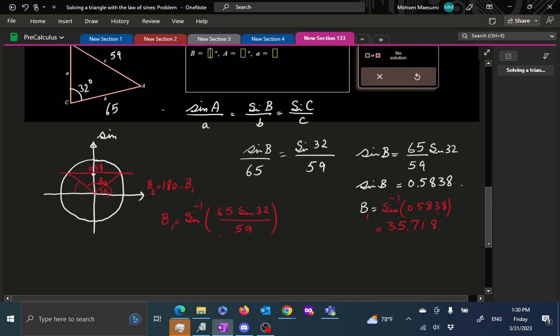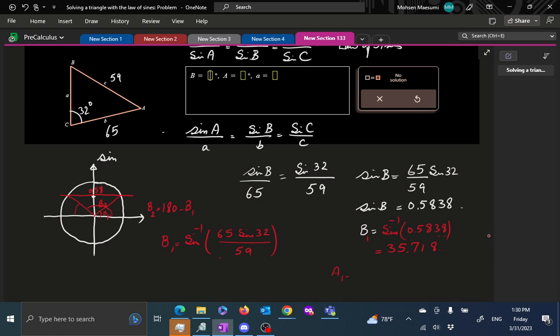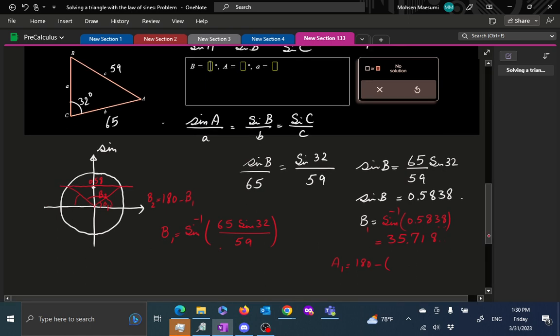So if the angle is 35.7, then I can go ahead and find out what A will be. Let's call it A1. A1 is going to be 180 minus angle C that we had and angle B1 that we found.